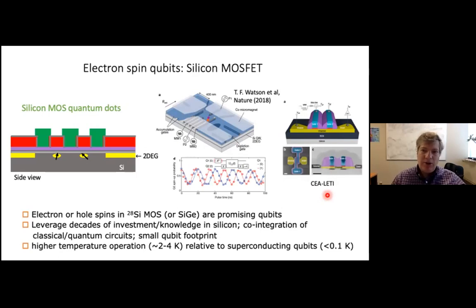Also, the operating temperature can be high relative to, say, superconducting qubits. Superconducting qubits really only work well below 100 millikelvin. Spin qubits have already been demonstrated to work at around 2 Kelvin, and in principle could work at 4 Kelvin or higher. State readout is really the challenge there. The higher temperature operation is really what opens the door to co-integration of classical control and readout circuits.